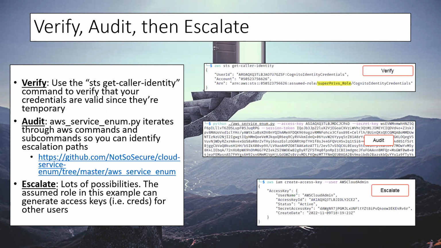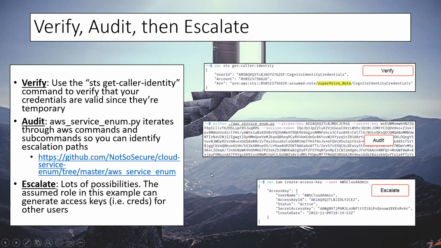I can tell you what this one basically does: it's automating AWS CLI commands and subcommands to figure out what these credentials can do. And so that's what you do here. You can see those same names, the access key, secret key, and session token, are just command line parameters to the tool.